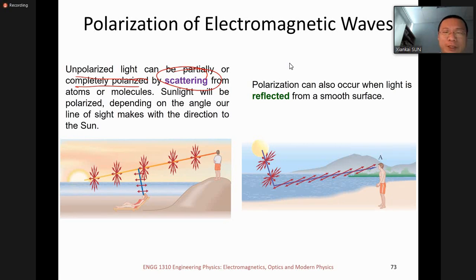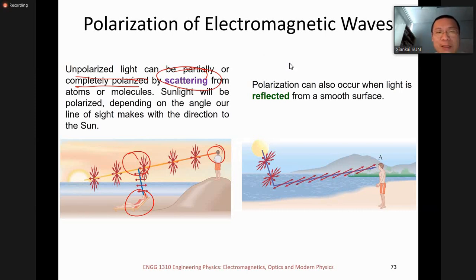For example, if a gentleman standing at the top of a mountain sees unpolarized light from the rising sun, then the ladies lying on a chair are going to see polarized light of the sunlight by the scattering from the sky or from the cloud.